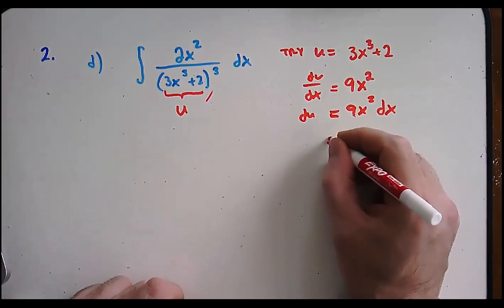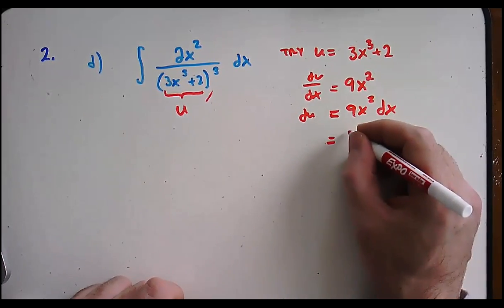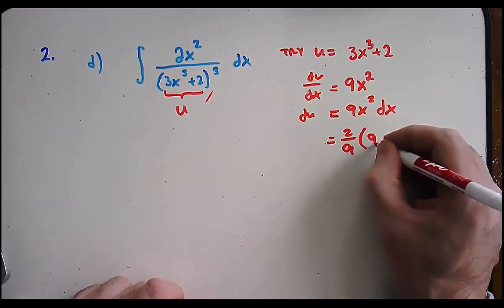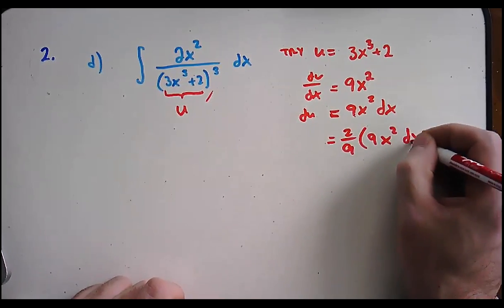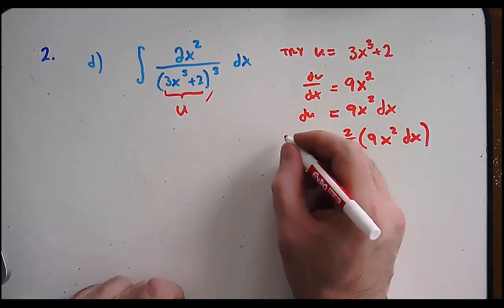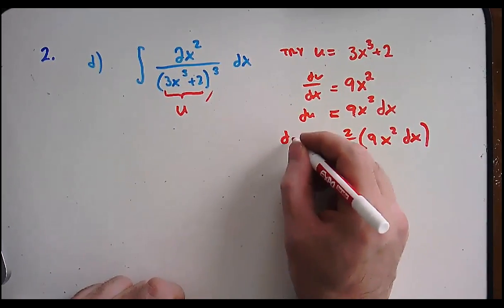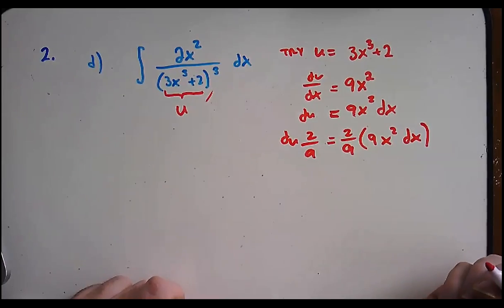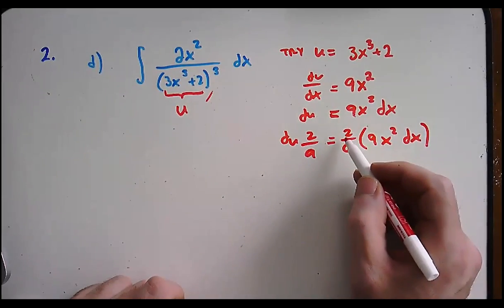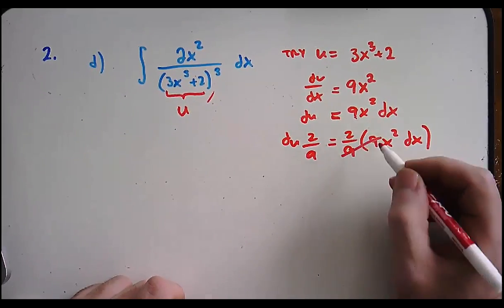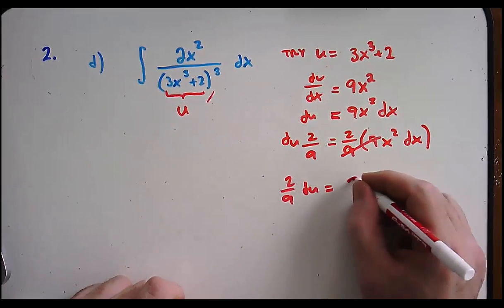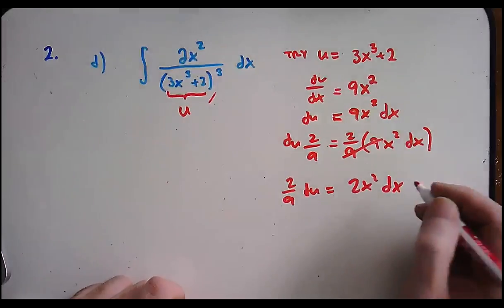So if I take my equation here and I divide by 9, multiply by 2, that's just multiplying by 2/9, right? So 9x squared dx times 2/9 equals du times 2/9, right? And 2/9 times 9, those cancel. And so we have 2/9 du equals 2x squared dx.